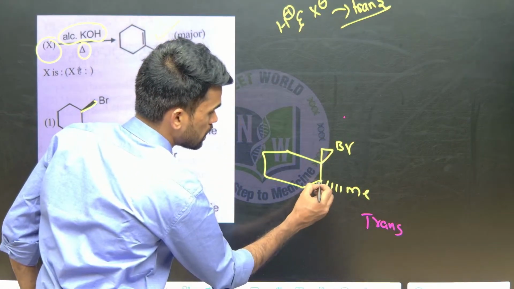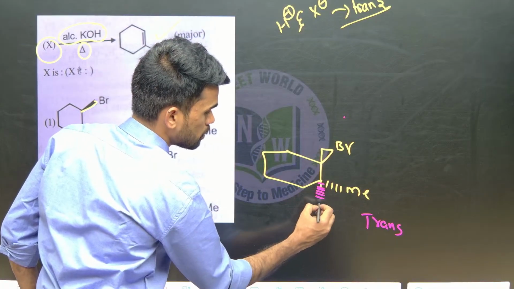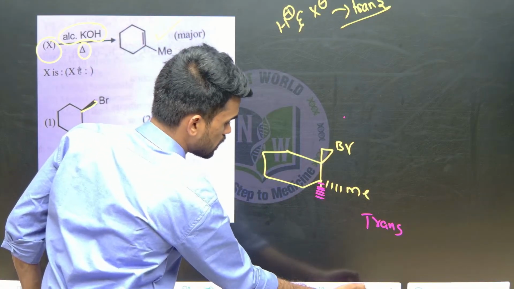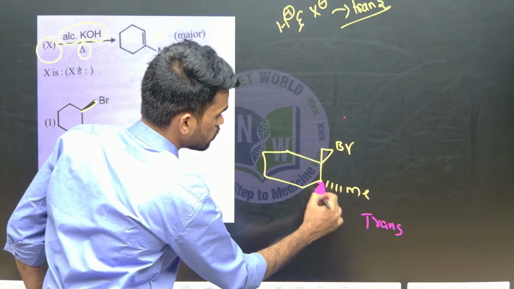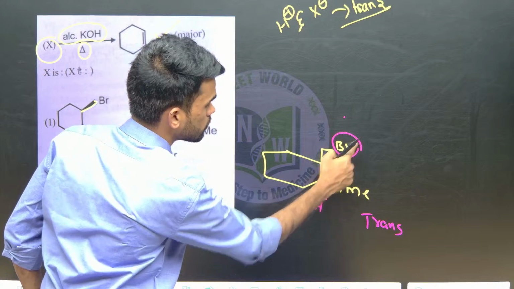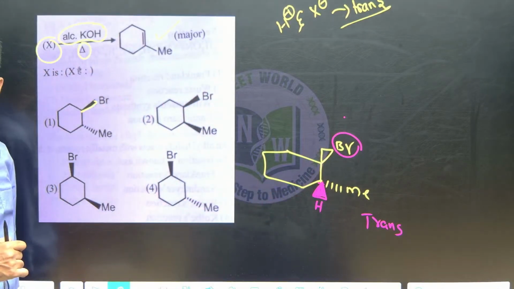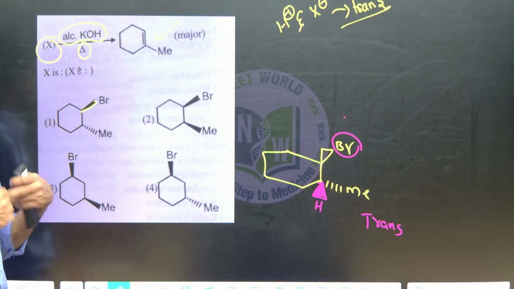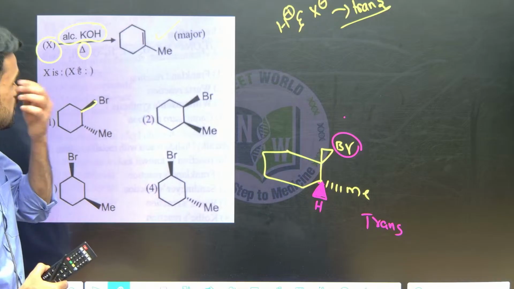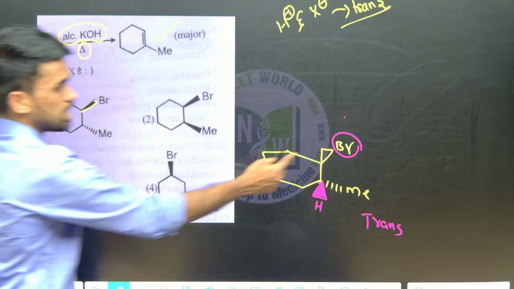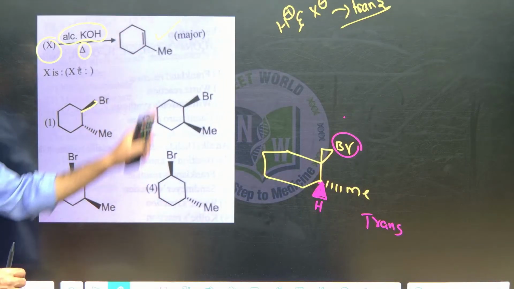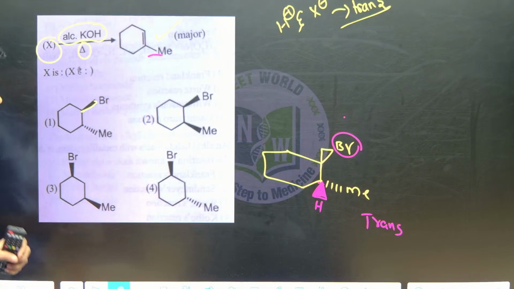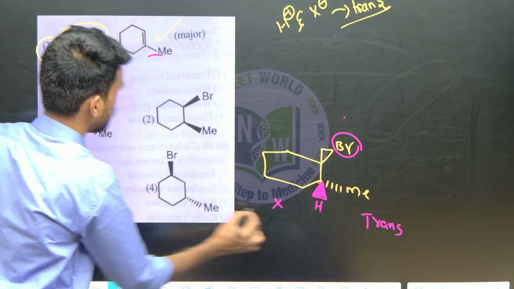It means the proton here will be below, already below the plane is there now. This will now be above the plane. So now how is this proton related to this bromine, cis or trans? Same plane now, so cis. Same plane is cis. So cis elimination won't take place. It should be trans, then only we will get a double bond with respect to this methyl group. So this is not our option.